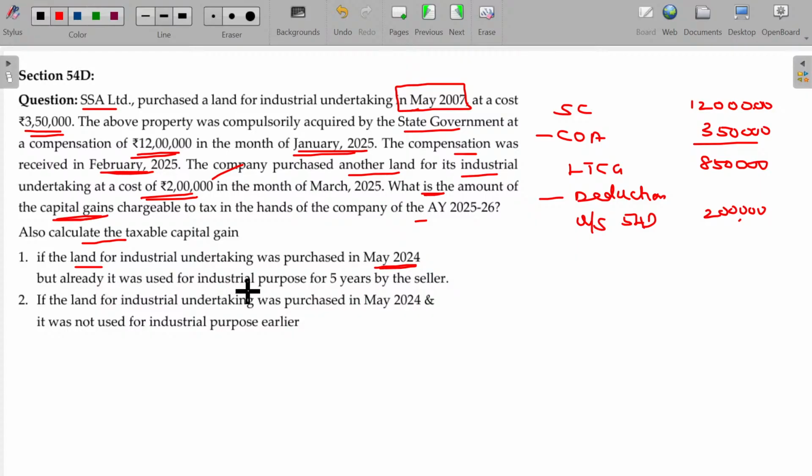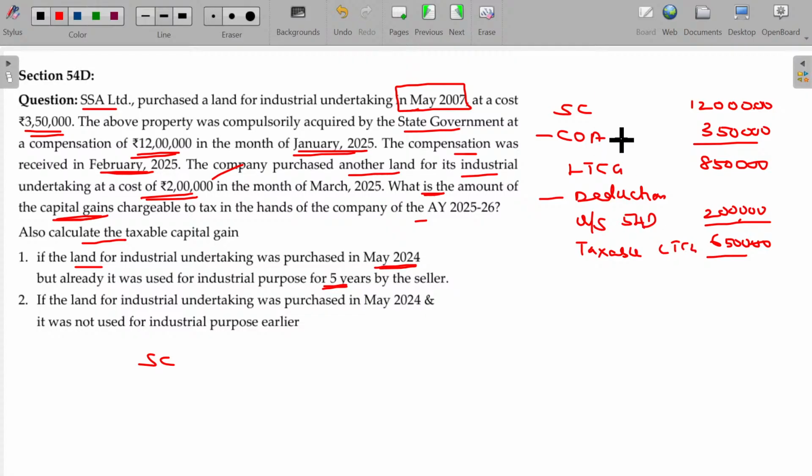But already it was used for an industrial purpose for 5 years by the seller. Right, what happens here? The land for industrial undertaking was purchased in 2024. Now, sale consideration is nothing but compensation receipt. This is the final scenario. Taxable long-term capital gain.